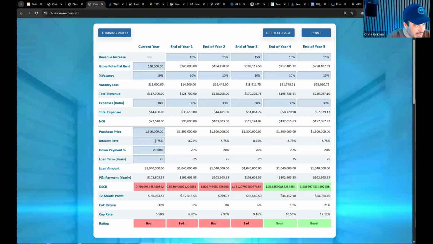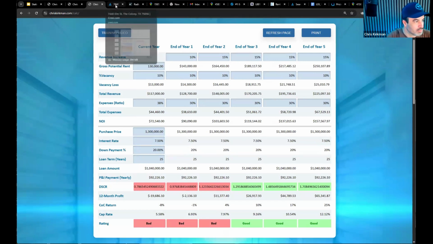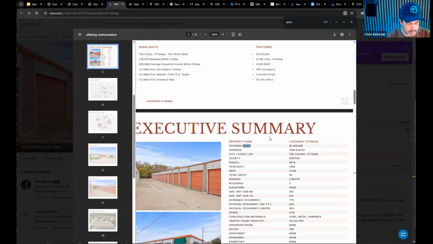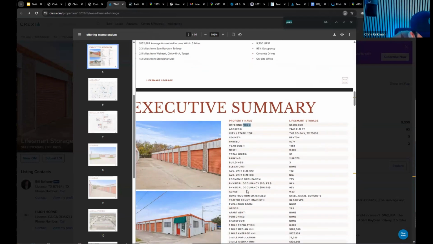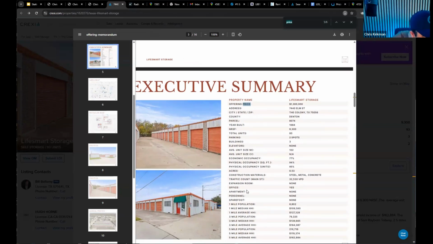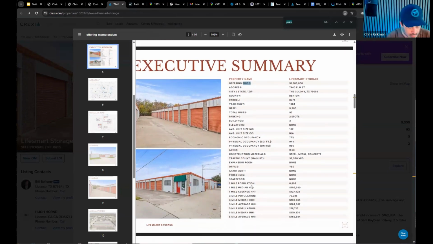We are going to heavily discount this sucker. We've got to look at the occupancy. Wow. Oh, here we go.